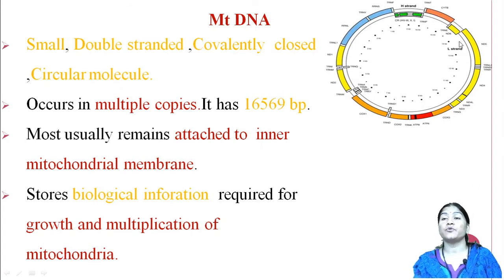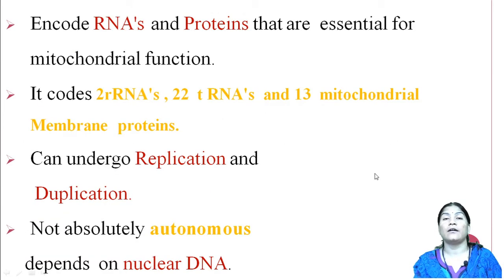So, these diagrams show that the mitochondrial DNA, that is mtDNA, is circular, small, covalently closed circular molecules having 16,569 base pairs. It has the ability to store the biological information required for the growth and multiplication of the number of mitochondria.